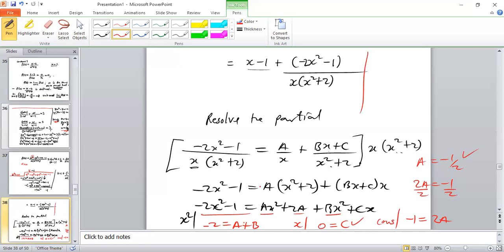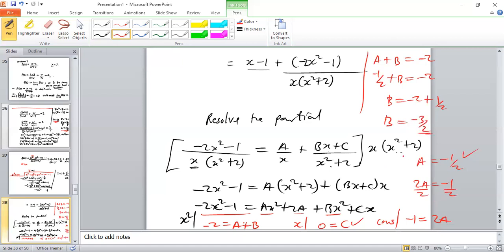So B, we'll get from this equation, A plus B equals -2. Substitute our A with -half, so -half plus B equals -2. So B is equal to -2 plus half, that is -3/2.